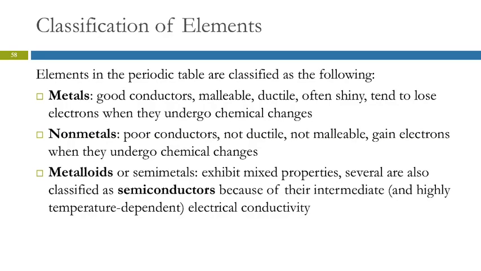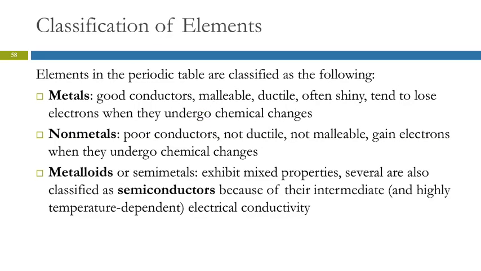So you should know general characteristics of these three categories of elements. Metals are good conductors. They'll conduct heat and electricity. These are general characteristics. Okay, just like we generalize about people and animals and things. Not always true, there are exceptions.